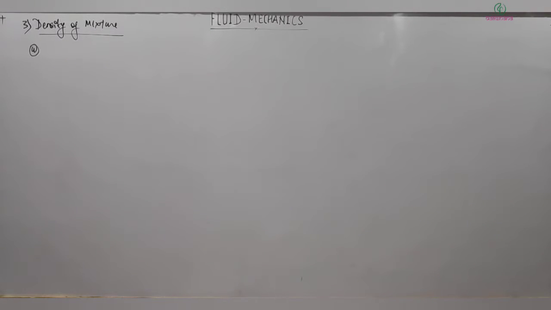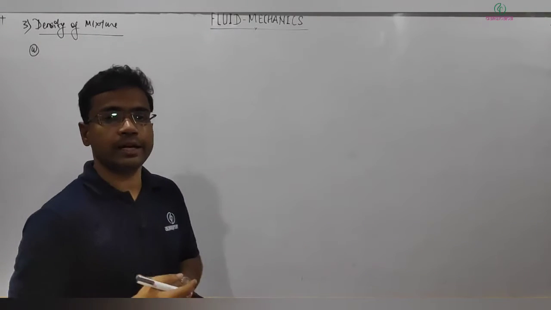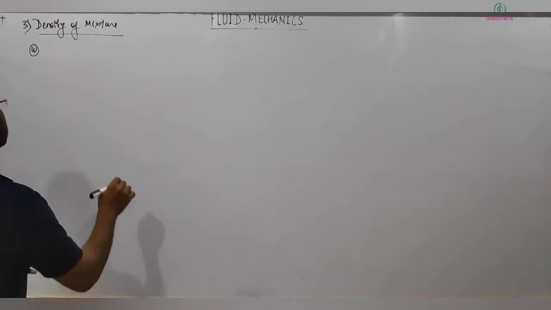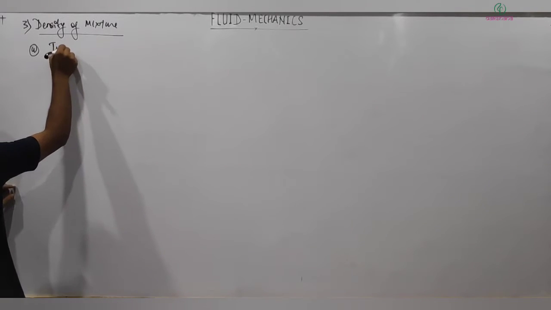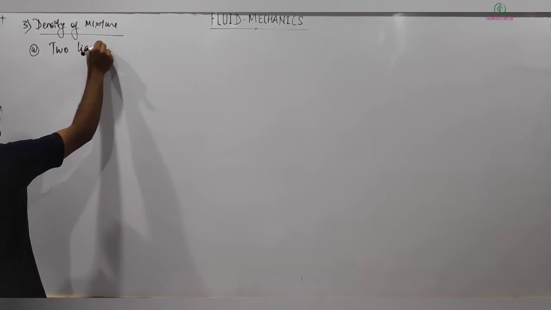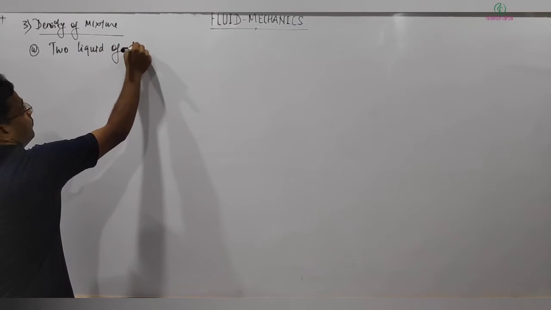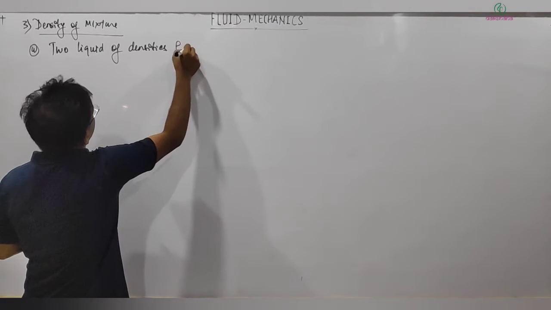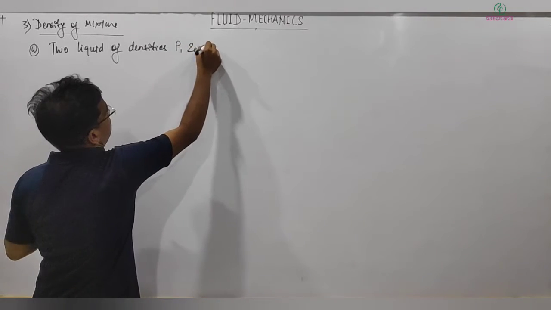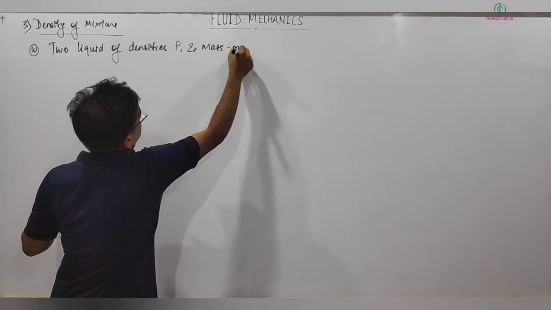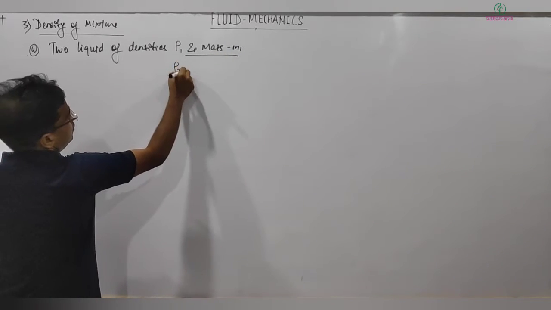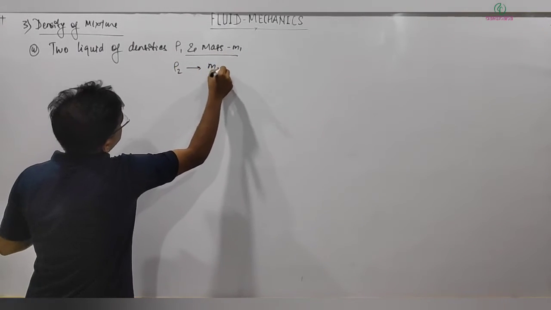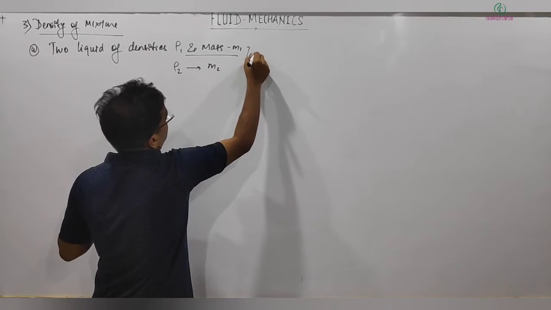Okay, so density of mixture. Here there are two possibilities. In case A, two liquids of density rho 1 and mass m1, density rho 2 and mass m2 are mixed.